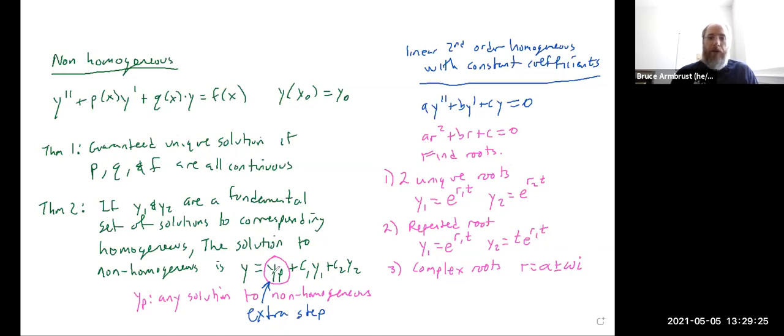The complex numbers. And in that case, what ends up showing up are trig functions. So what we get for our solutions are y1 equals e to the alpha t cosine of omega t. And then y2 was e to the alpha t sine of omega t.